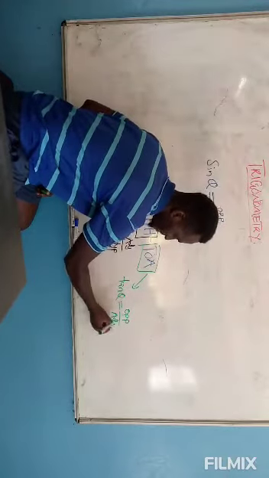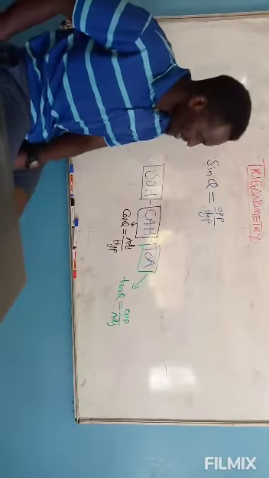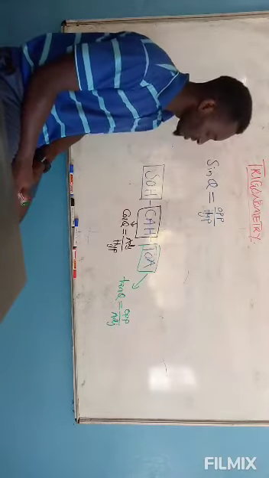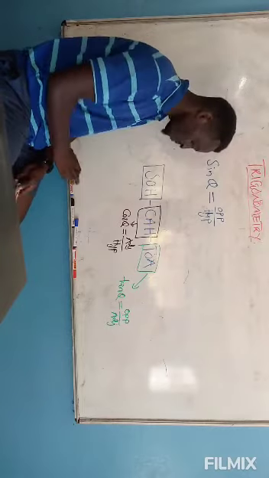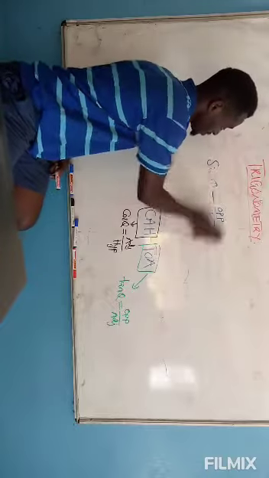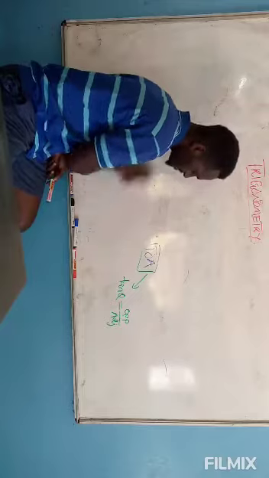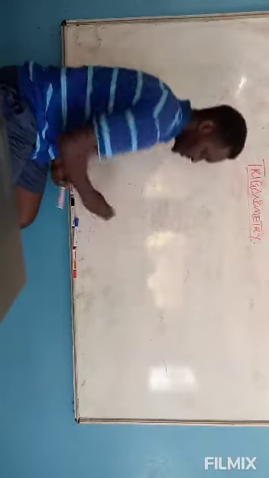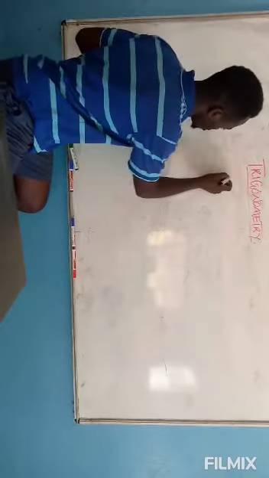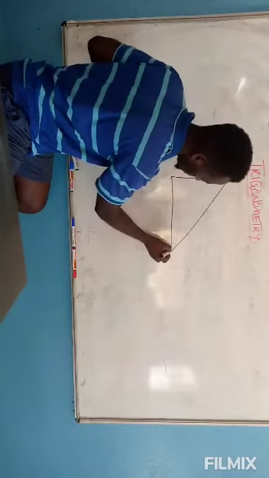Now, I'm sure at this moment you're wondering what opposite is, what adjacent is, what hypotenuse is. So I'm going to illustrate what the sides are, just to shed more light. I'm going to draw a right angled triangle.